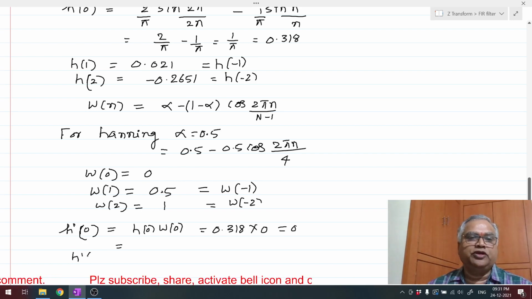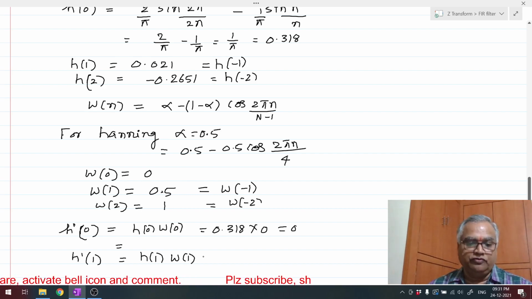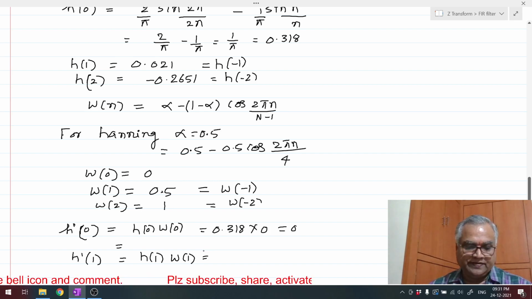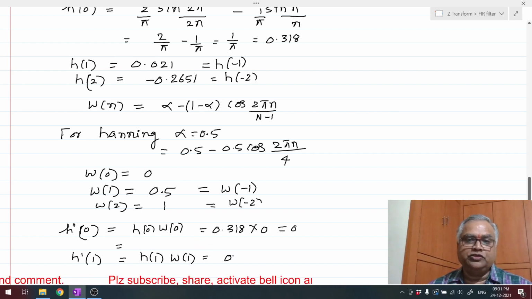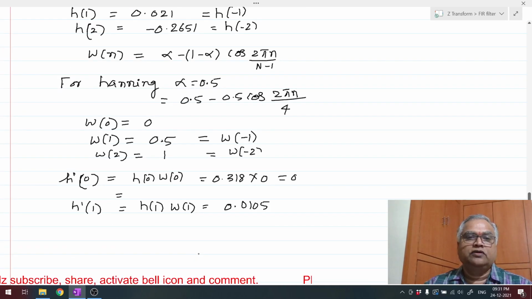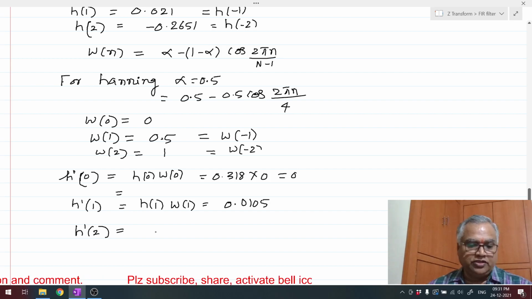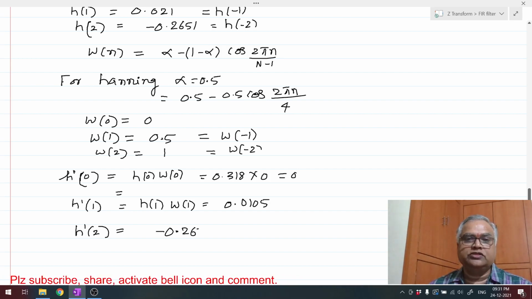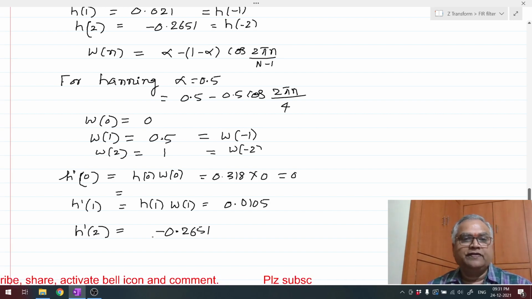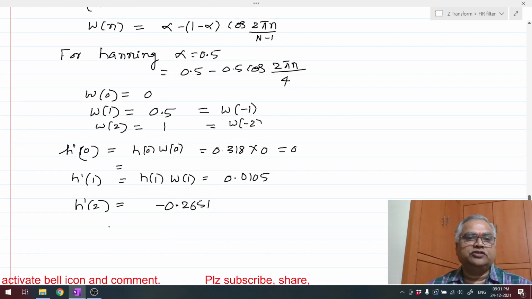Like that, H prime of 1 is h of 1 times W of 1, which we will get as 0.01. Similarly H prime of 2, if you do it, is minus 0.226.